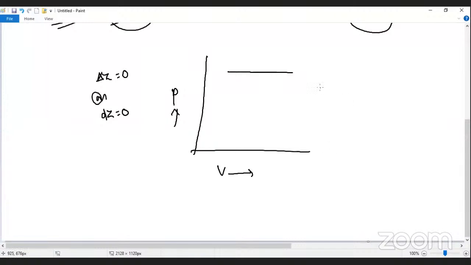Yes, this curve indicates isobaric. Suppose you get this kind of curve. Isochoric, sir. It is a horizontal line. Yes, this is isochoric.